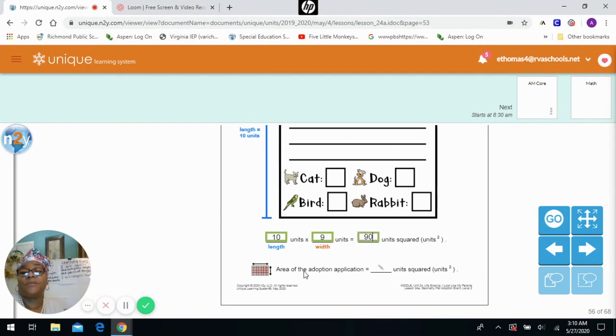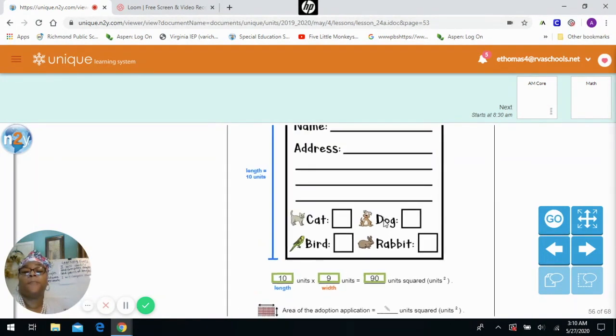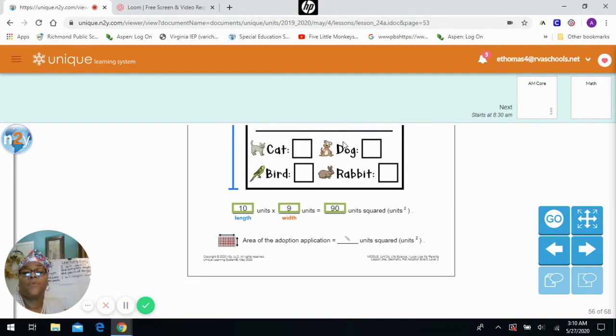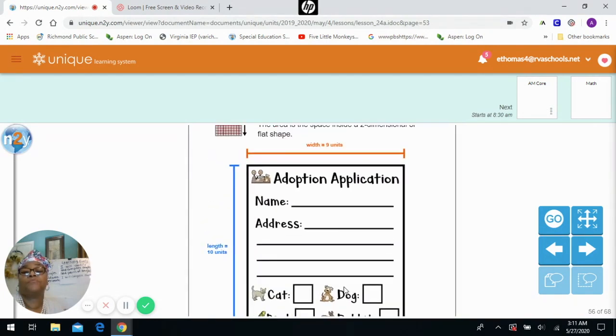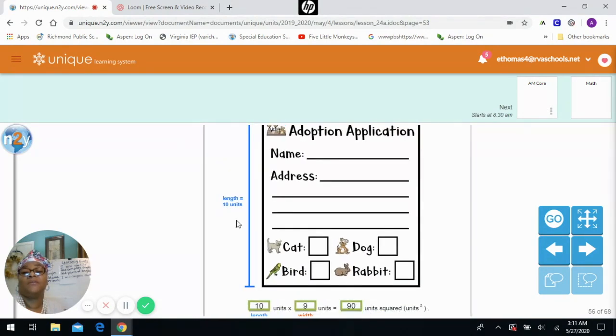In the area of the adoption application, we have blank units, squared units. Remember we talked about the squared. So it'll be square, because remember, square is the number times itself.